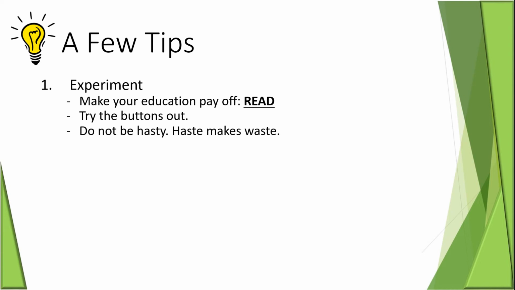So do not be hasty. Haste makes waste. Another tip is to ask for help. If you're really not sure of what you're doing, go ask someone who might know what you could do with that application or that site. As a last resort, you can also email your teacher on what you can do.